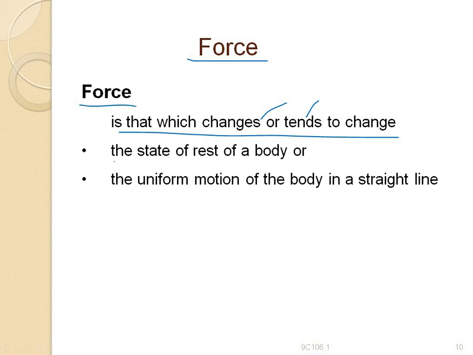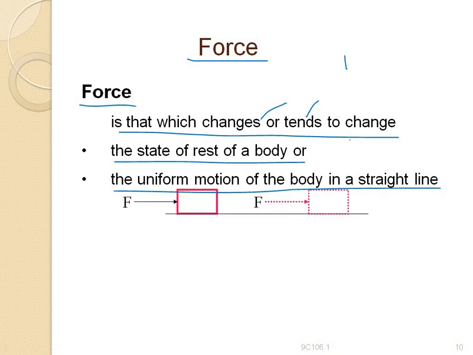We can write another definition. Force is that which changes or tends to change the state of rest of a body or the uniform motion of the body in a straight line. You can see the example given.